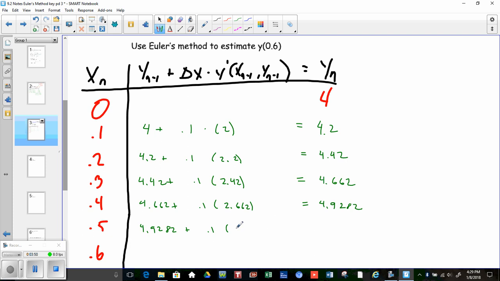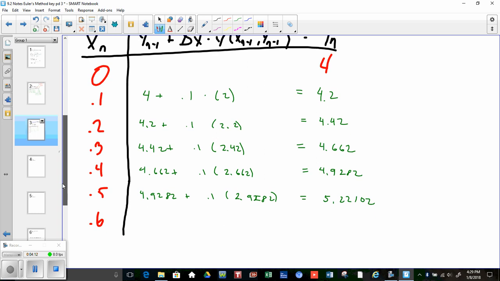Subtracting 2 from that is going to give you 2.282. And when you plug that into a calculator, you're going to get 5.22102. And again, you need to write all these decimals out. And with the next ones, it gets even longer.